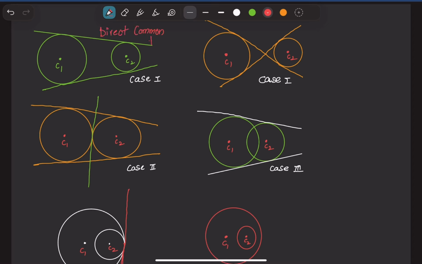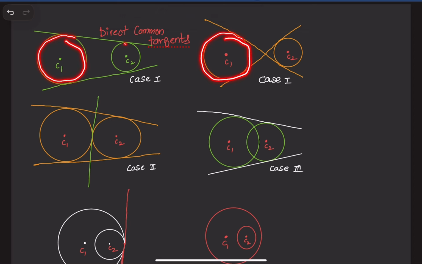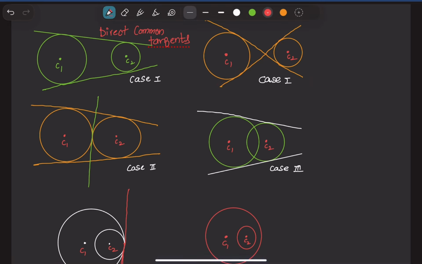So this is the first case. And also when the two circles are not intersecting each other, we can draw two common tangents like this. And these two common tangents are called transverse common tangents.